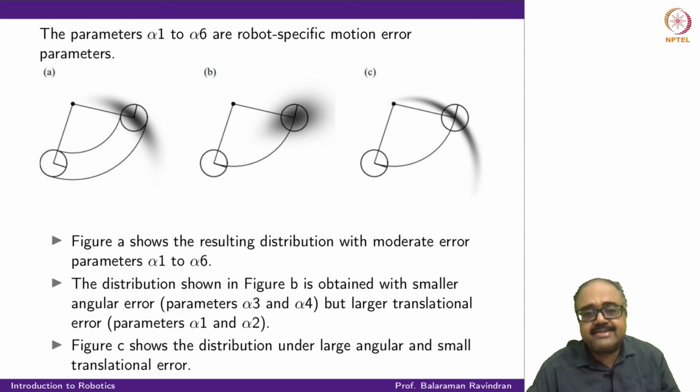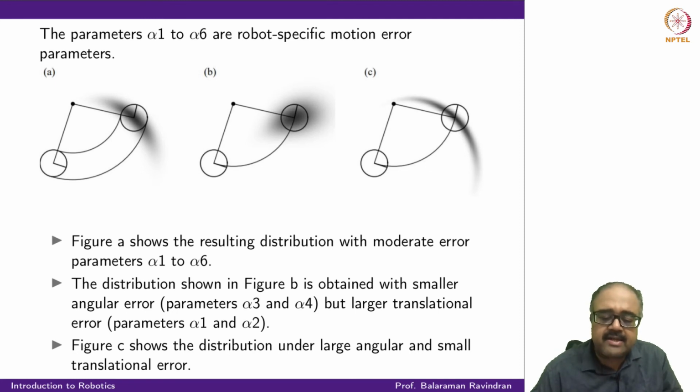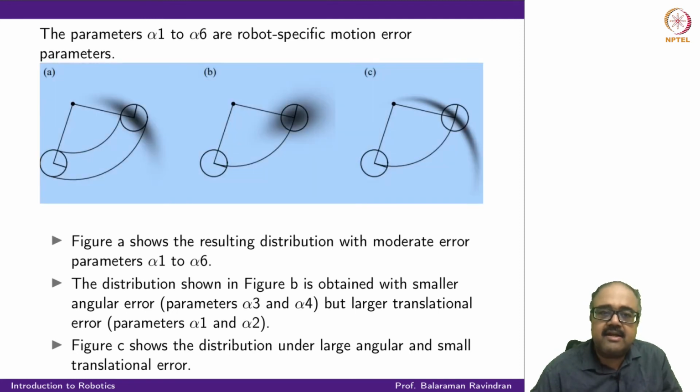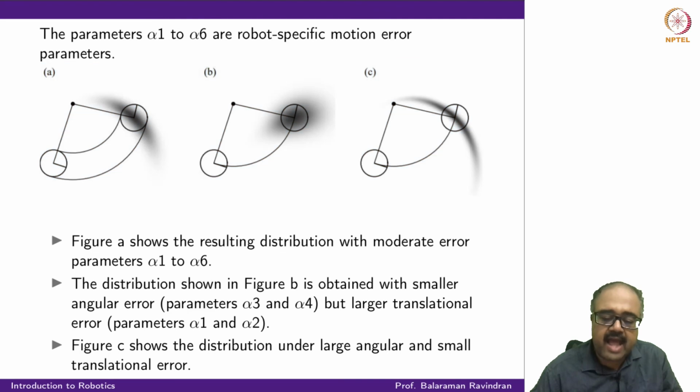Now, when I look at the second case, here the distribution is spread out only in the translational sense, and the angular distribution is small. That means that my alpha 3, alpha 4, alpha 5 and alpha 6 are small, and my alpha 1 and alpha 2 have large translation. In fact, alpha 1, alpha 2 have a larger error in figure B than they do in figure A. And in figure C, you can see that my alpha 1, alpha 2 are small.